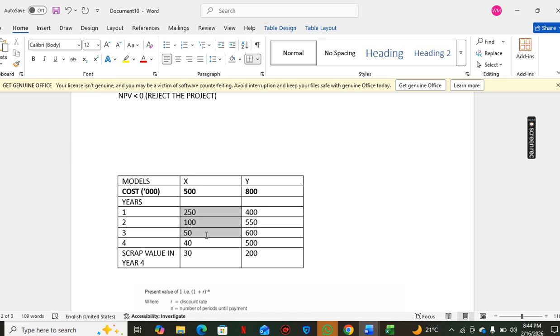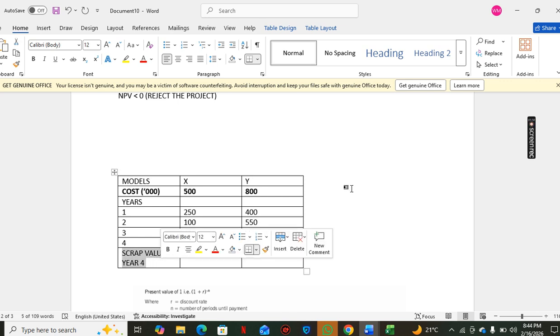Year three, 50,000. Year four, 40,000. Then we also have this information here which says scrap value in year four. So it means this machine, which is model X, we can sell it for 30,000 after 4 years. That's what we mean here, the scrap value.